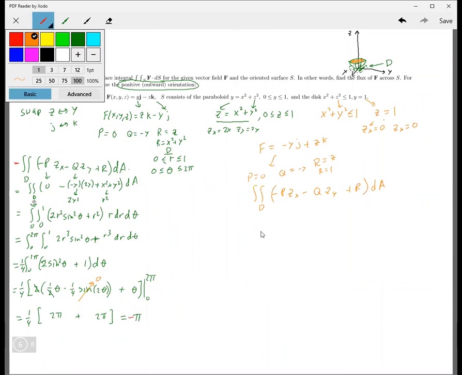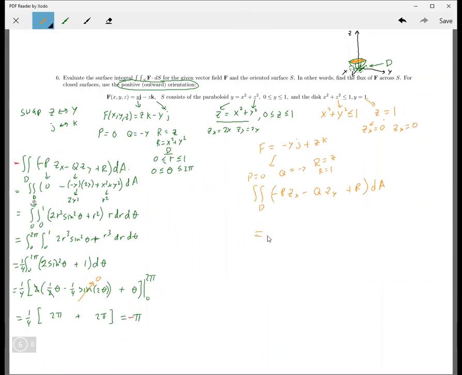Okay. And so then this becomes, that's 0, and that's 0, just because those are 0. And then r is 1. So if you integrate that, you just get r squared over 2.